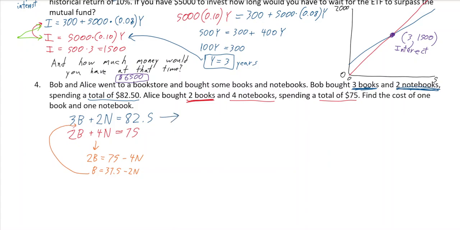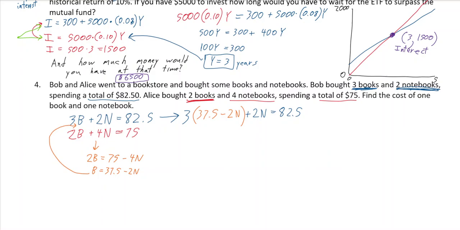So the blue equation would give me 3 times (37.5 minus 2N) plus 2N equals 82.50. So this is my blue equation with that orange part substituted in.